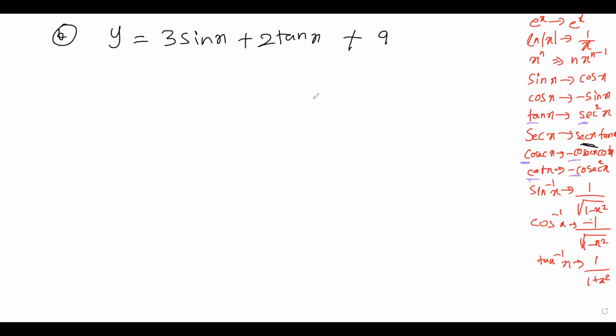What is the differentiation? dy by dx should be 3 into the derivative of sin x, which is cos x, plus 2 into the derivative of tan x, which is sec squared x, and plus, what is the derivative of 9?